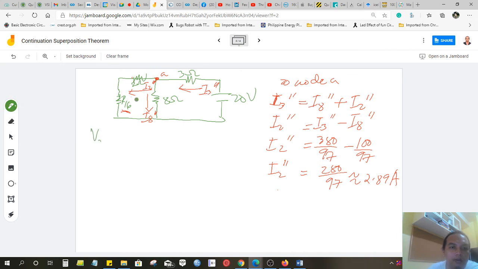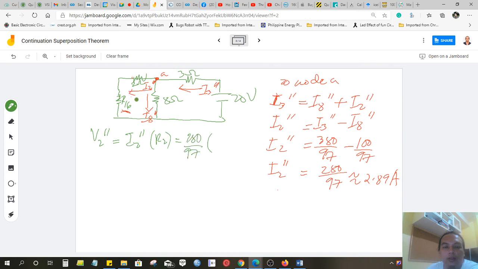If we want to find the value of V2 double prime, we need I2 double prime times the resistance 2 ohm. That is 280 over 97 times 2.